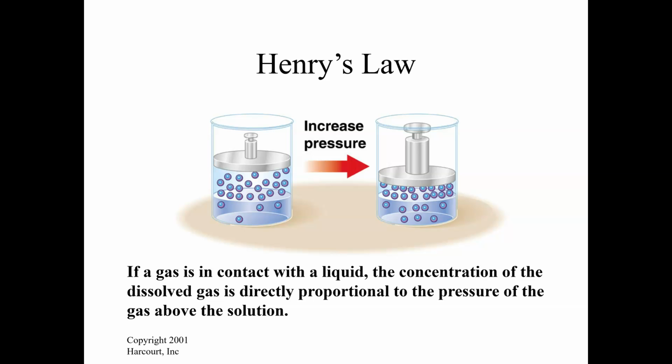And then Henry's law says that the higher pressure you add of gases over a liquid, the more gases will go into the liquid. So this is how they make nice bubbly sodas that you drink.